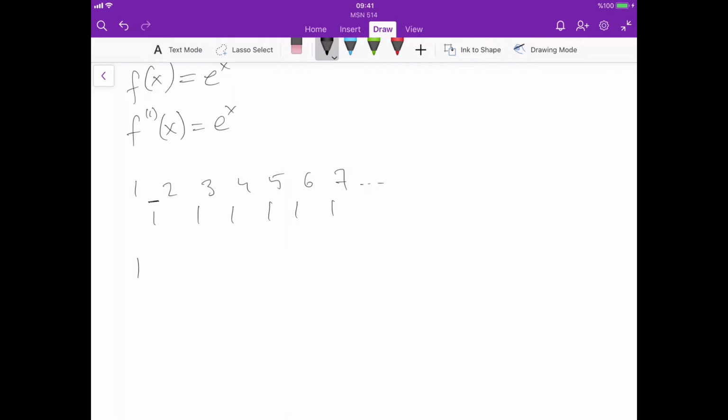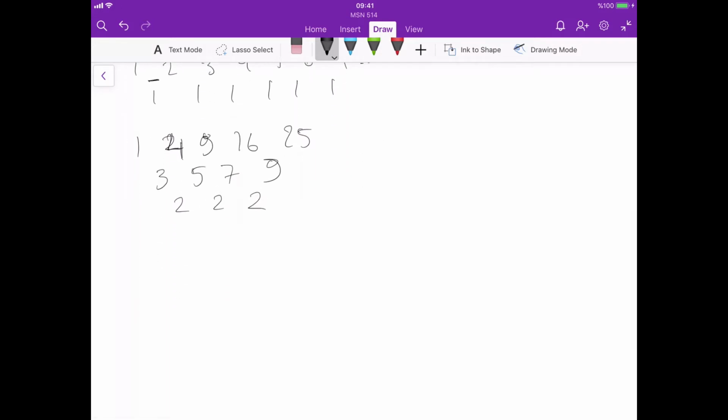So what about the squares? 1, 4, 9, 16, 25. What are the differences? 3, 5, 7, 9. Right? And the differences of the differences gets boring immediately, right?